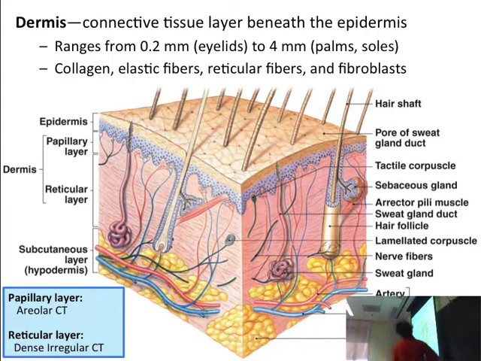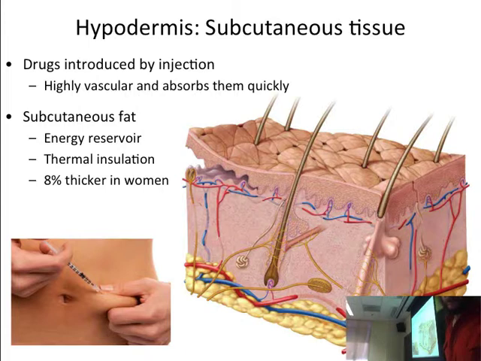We find the hair follicles embedded in here. We talked about the anatomy of that yesterday. There are various sensory organs here and sweat glands. So all of that is important, but we've already sort of covered that yesterday, so I'm going to keep going.